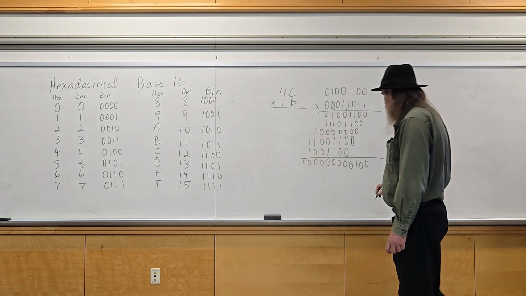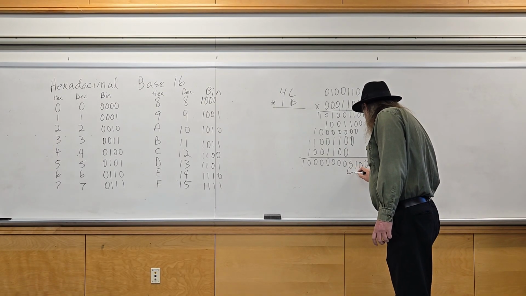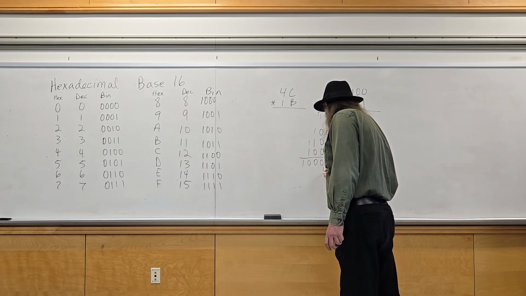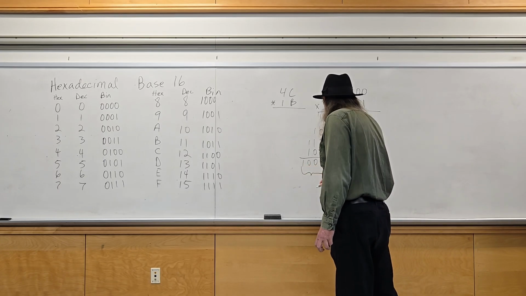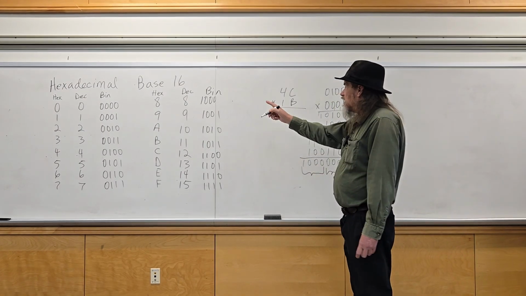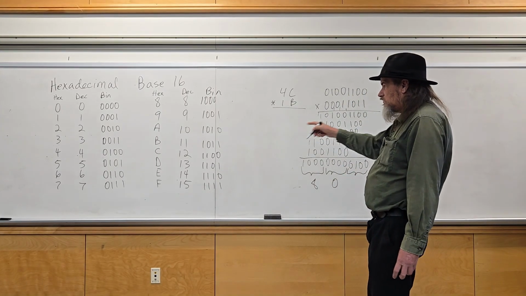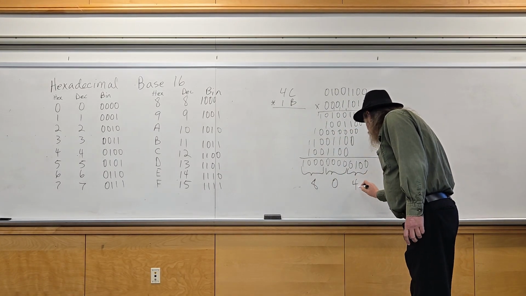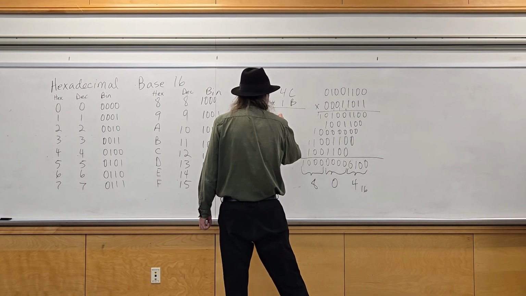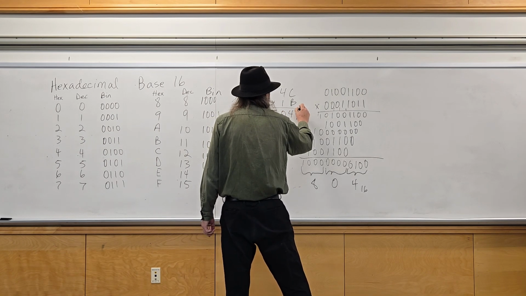Lots of zeros. Anyway, you would convert that back to hexadecimal, which would be 8, 0, 4. So the end result is 804 in base 16.